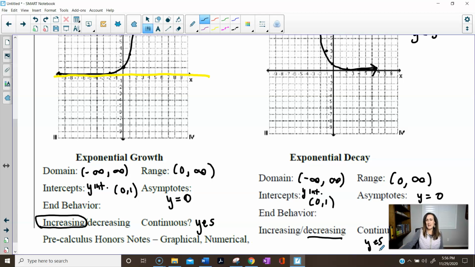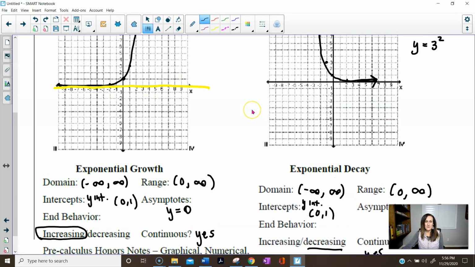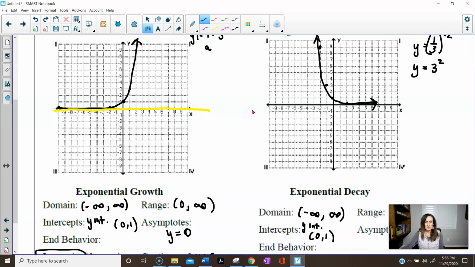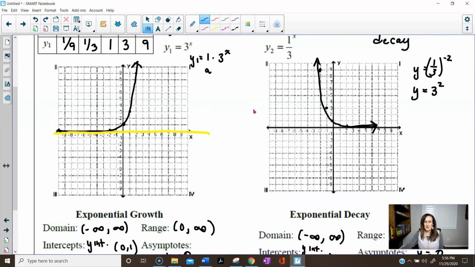So let's talk about end behaviors really fast. Over here, this graph, it's the limit as x approaches -infinity.